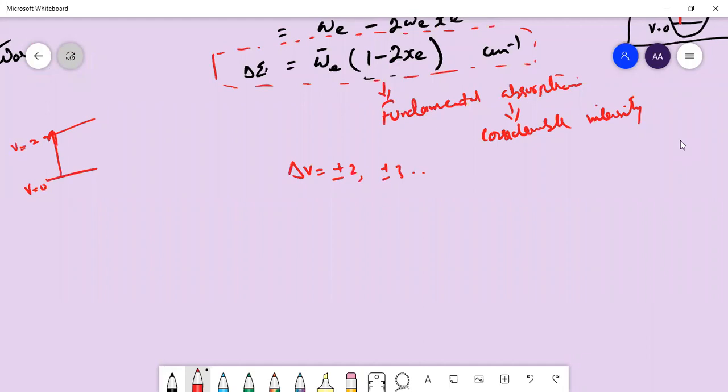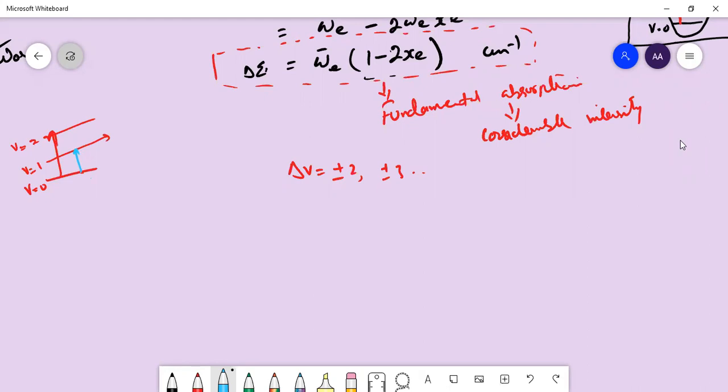What we mean by delta V plus minus 2 is that in earlier cases we have only seen that the transition can only take place from one vibrational level to the next upper vibrational level. However, in case of an anharmonic oscillator, the transition can also occur from V0 to V2, V0 to V3. But due to the population difference and the higher energy difference, the intensity remains very low.